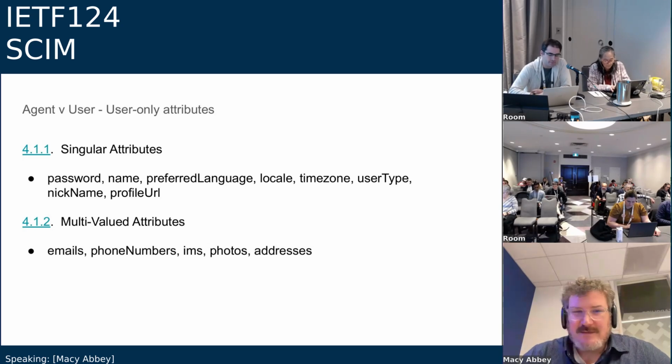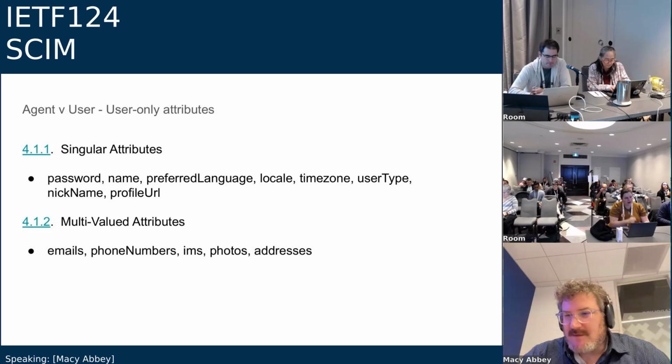Name is more about human honorifics and human names that doesn't really apply to a machine or an agent. Preferred language, maybe debatable, very open to feedback on that. Locale, also maybe debatable. Time zone related. User type, the premise here is it's not a user, so not applicable. Nickname, maybe you'd want that for an agent, but I left it out.